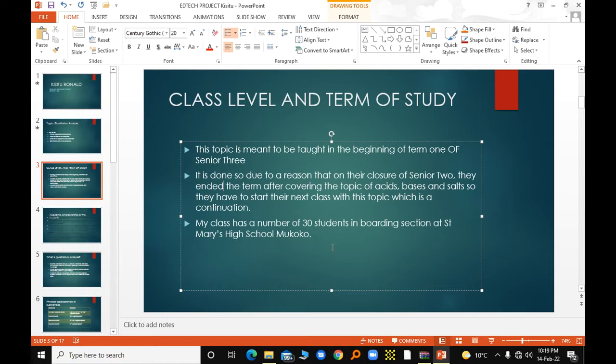So they have to start their next class with this topic, which is a continuation of the other topic, whereby a student is thereby knowing also about the acids, bases, and the salts.